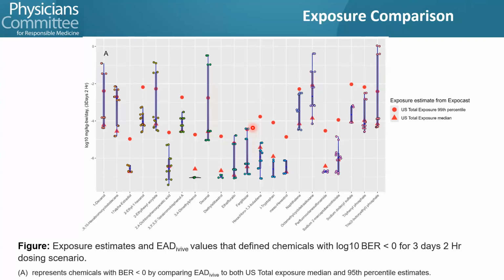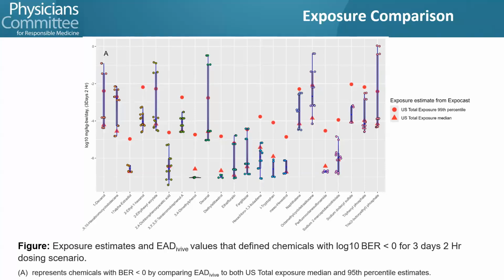And remember that these BER are in log values. So if any chemical is exhibiting BER of -2, it means that the estimated human exposure level is approximately 100-fold higher than the dose associated with cardiovascular perturbation on a molecular or cellular level.